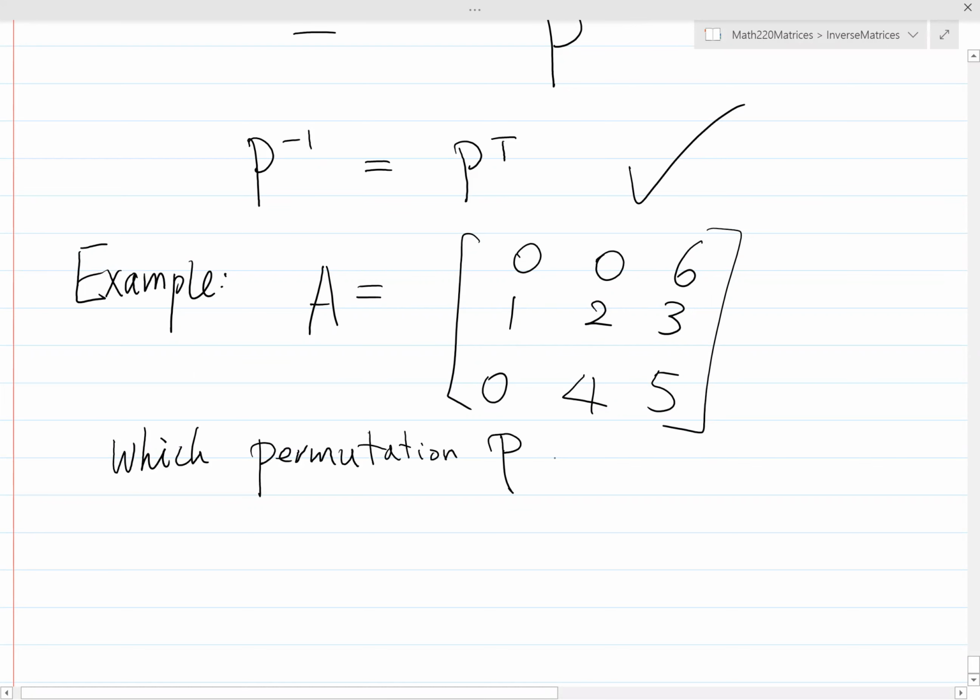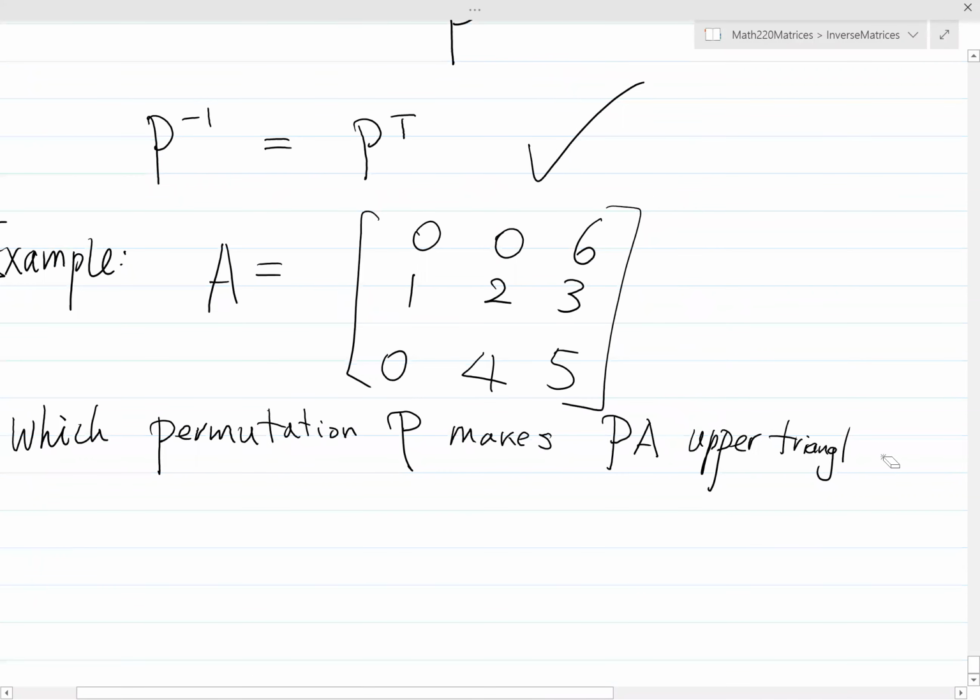Which permutation P makes PA upper triangular?